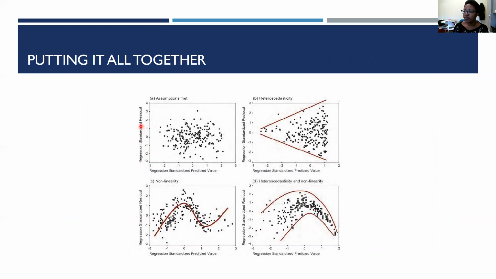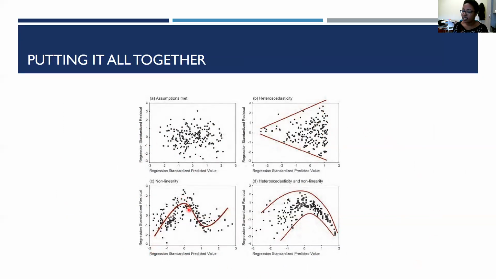So all these plots are residual versus predicted values. In this one, we've got a nice even scatter. So this is where we will say there's no issues here. The assumptions are pretty good, right? Over here, what we would see is that lack of equal variance, right? The spread of the residuals is much smaller on this end compared to this end.